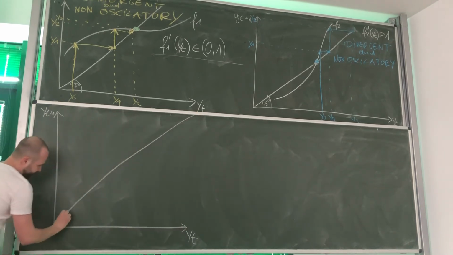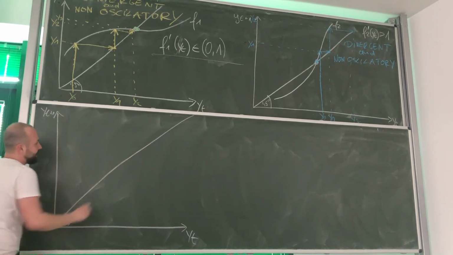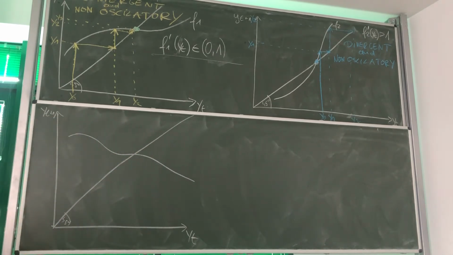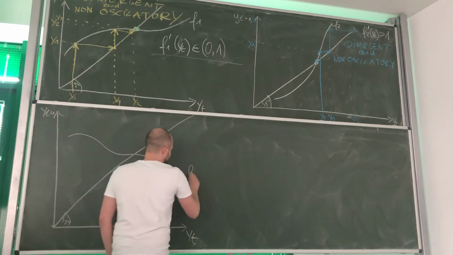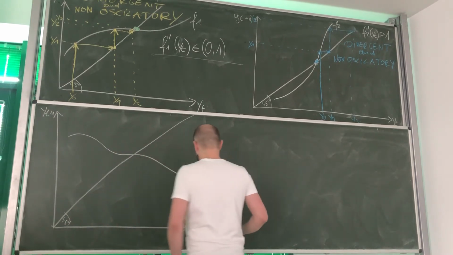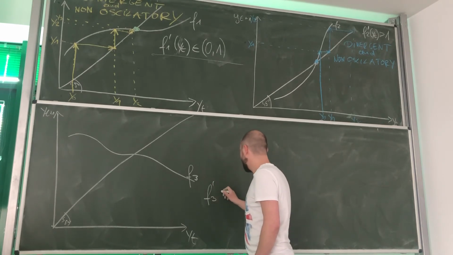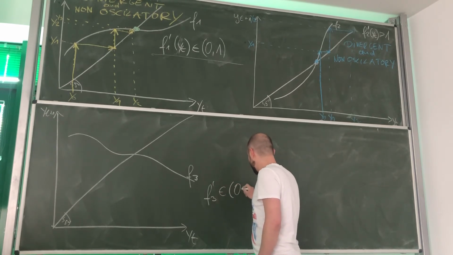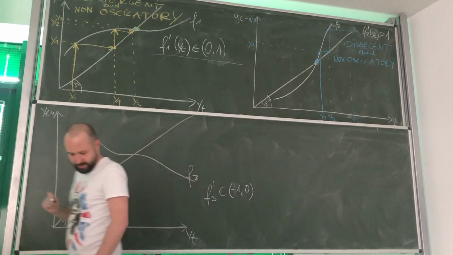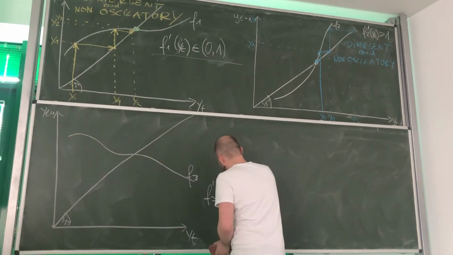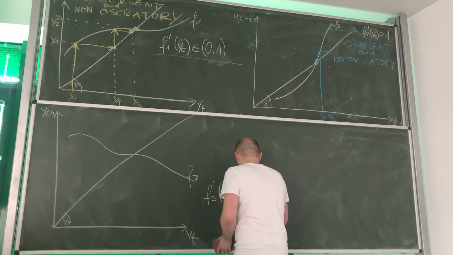We assume that this is the 45 degrees line, and this is the function we're talking about. Again, for this f3, I can make some assumptions. I will assume that its derivative is negative, but somewhere between -1 and 0.